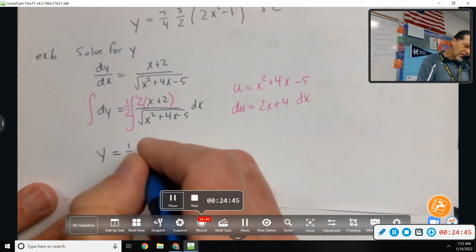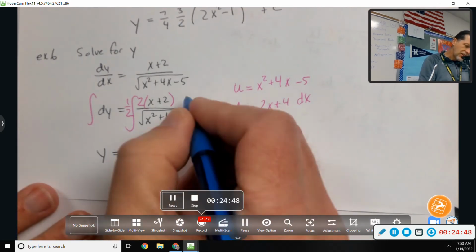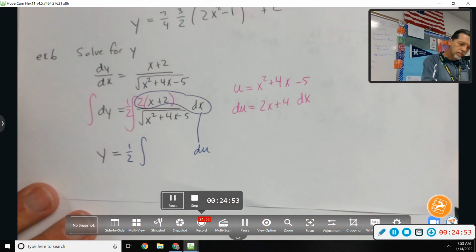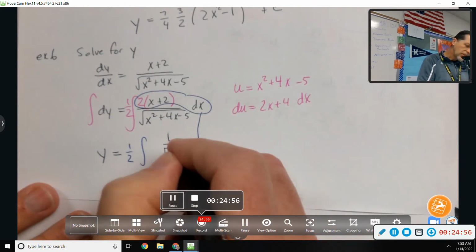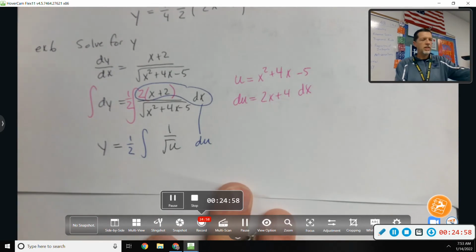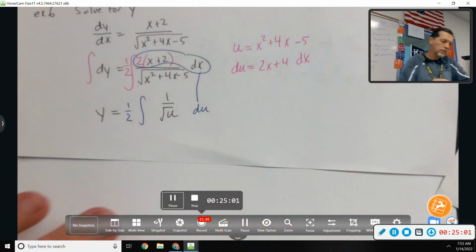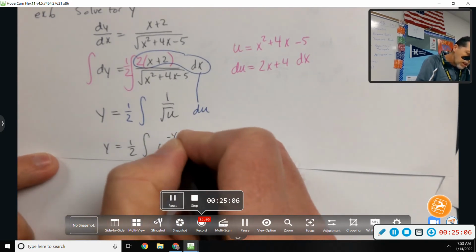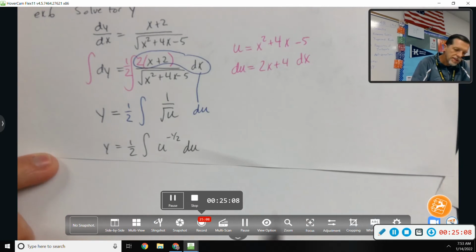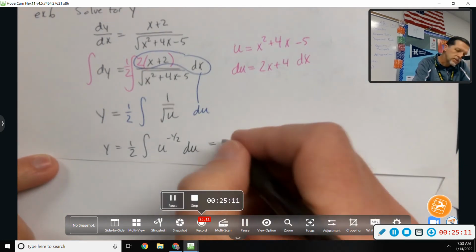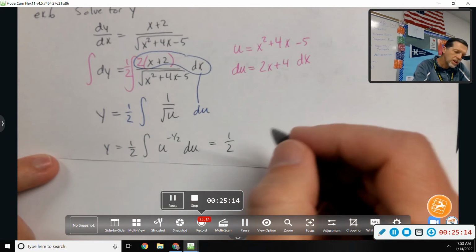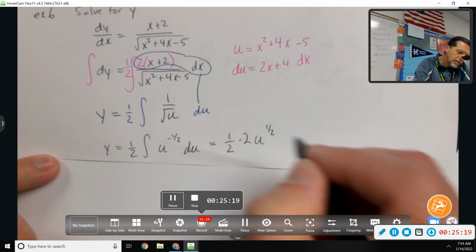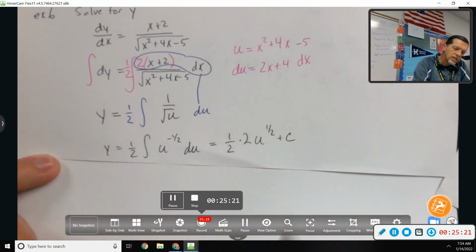So 1/2 integral of, okay, now all of that stuff is du. 1 over the square root of u. Again with the square roots. We don't like roots, we want powers. Increase the power by 1, divide by the new power, plus c.